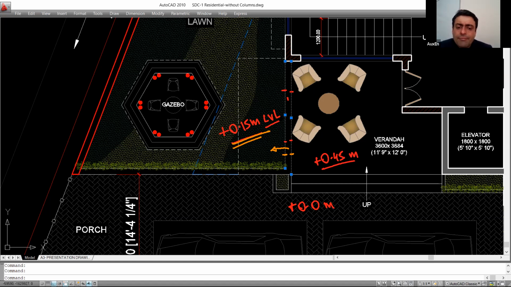Generally, whatever I have seen till now, you will just provide one step to reach your garden, isn't it? So I do agree with what Mr. Virat and Shreyas are saying, that this should indicate only one riser, and this should be 0.3. Yeah, I also think it should be like this.